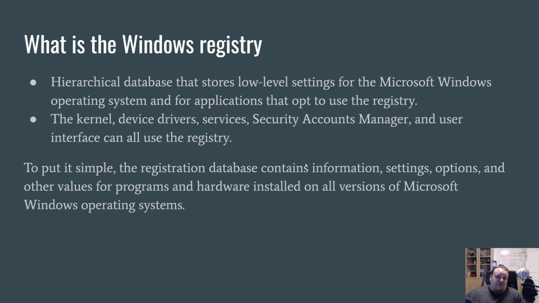To put it simply, the registry database contains information, settings, options, and other values for programs and hardware installed on all versions of the Microsoft Windows operating system. Basically, the registry database is a really big place, and whenever there's a new version of Windows, it's going to change at some point. So yeah.